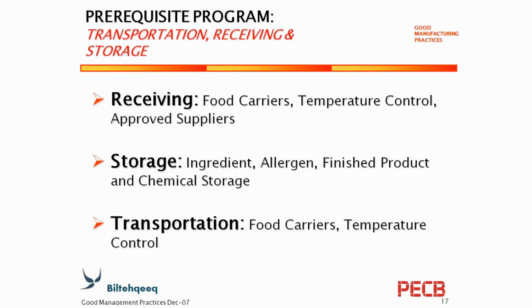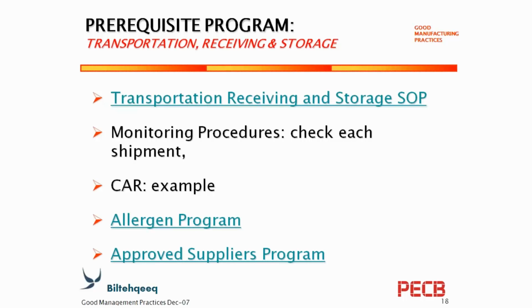And transportation is also important, because most of the time you have to ship your food items to other destinations, and during this transportation, if the food carriers are not taking care of handling and not taking care of the temperature control, then it can destroy your food quality.